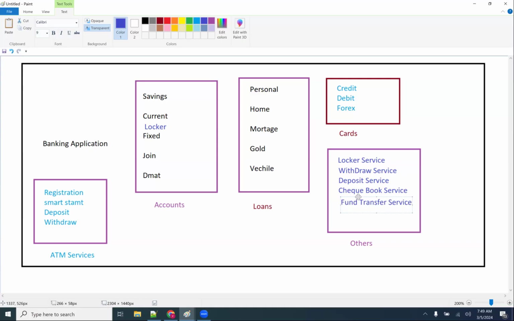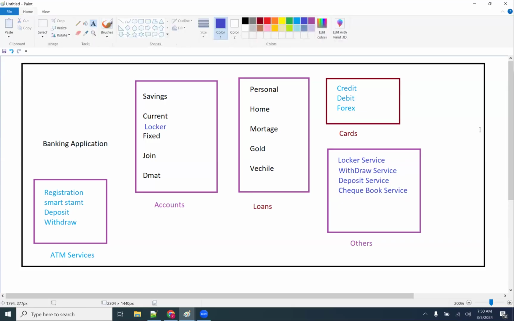Why load this as different here? Just like the other sections, I cannot take fund transfer as one thing here. In fund transfer, it has a lot of capabilities, so I cannot take it as a separate section.